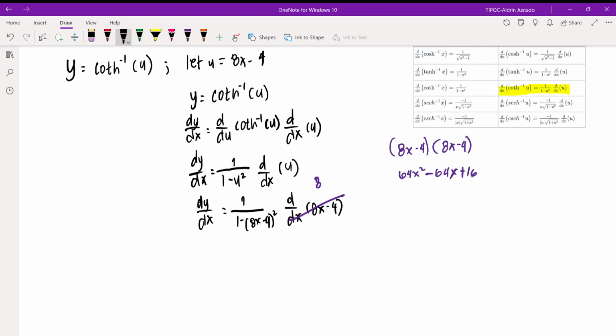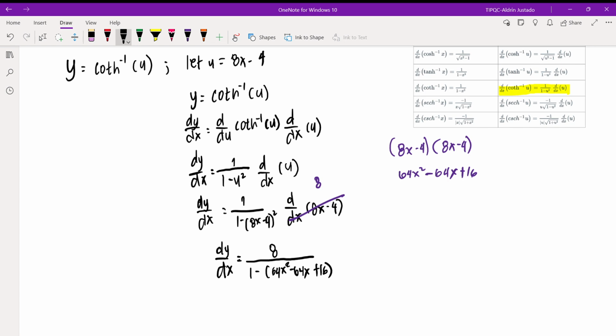So with that, dy over dx is equal to 8 divided by 1 minus quantity of 64x squared minus 64x plus 16.